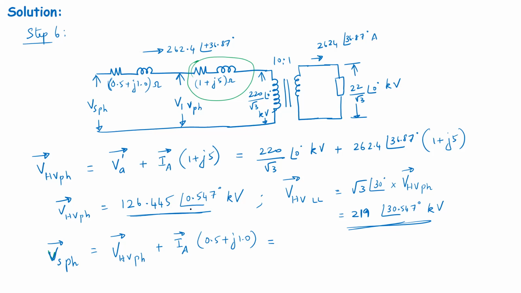So VHPV is just obtained previously. IA is also known, 262.4 at an angle of 36.87. When it's multiplied with 0.5 plus 1j, you get a complex number, which is a voltage drop. And this voltage drop must be added to 126.445 at an angle of 0.547 degrees.